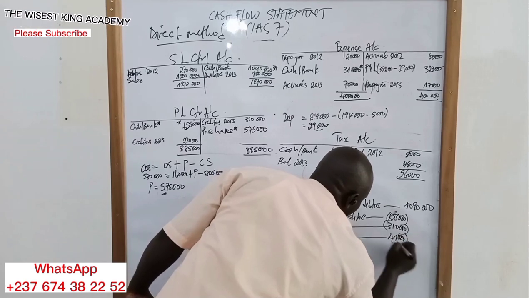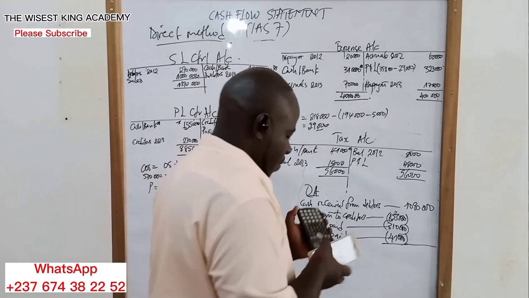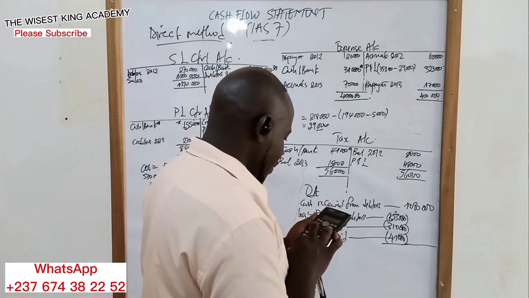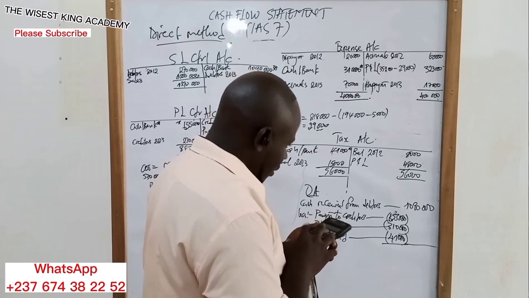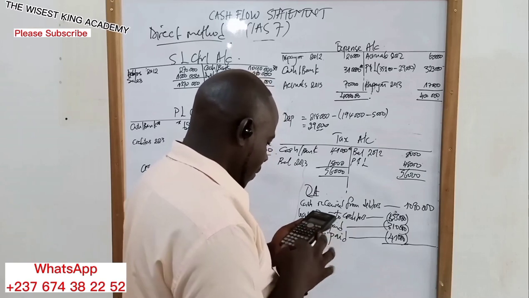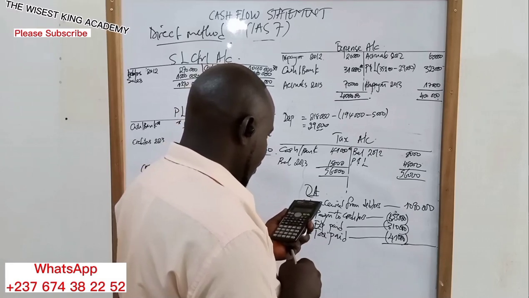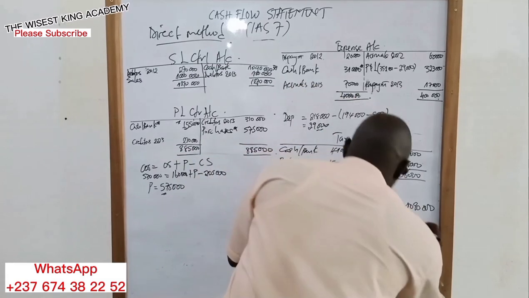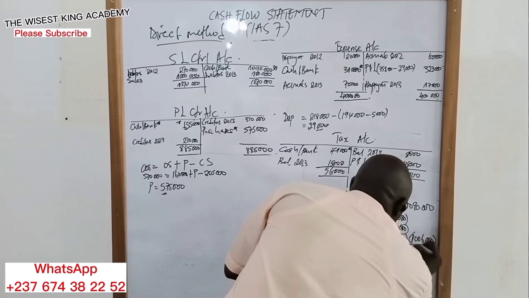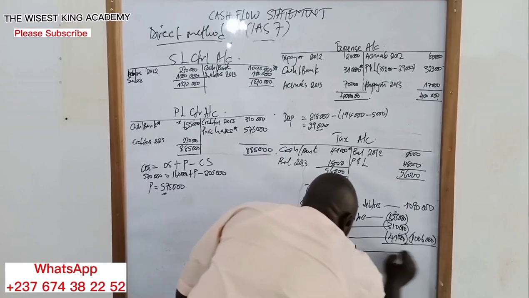So to sum all of this, what's going to be the total? 655,000 plus 310,000 plus 41,000, that's going to be 1,006,000 sharp, which we will subtract to get the net cash flow from operating activity using the direct method.